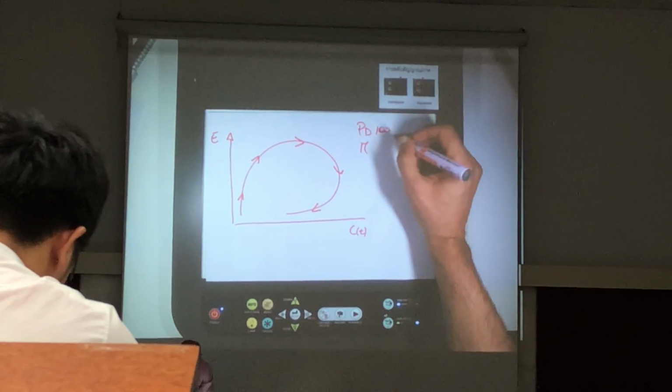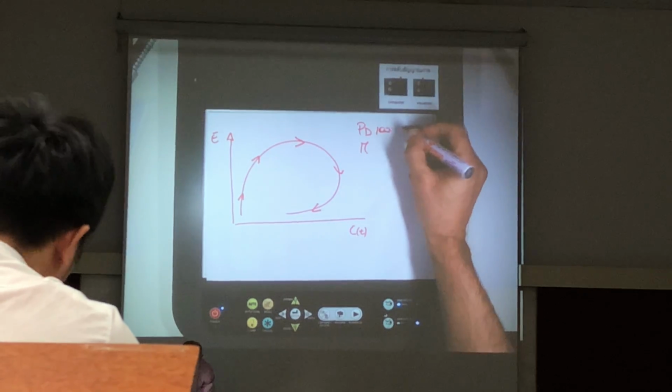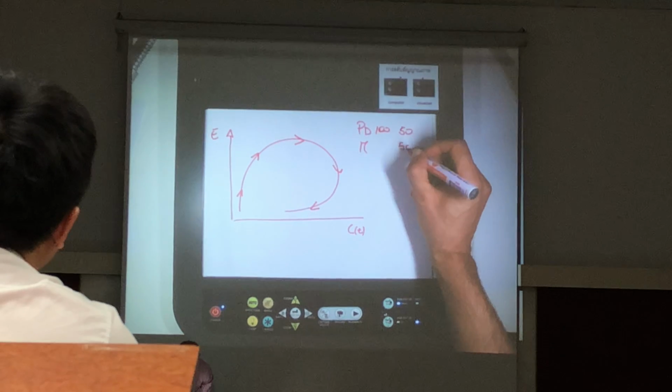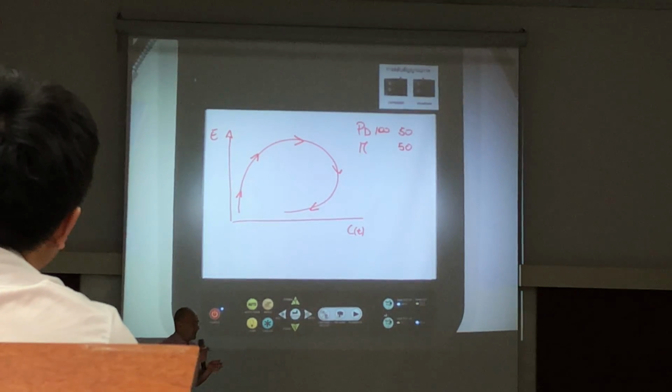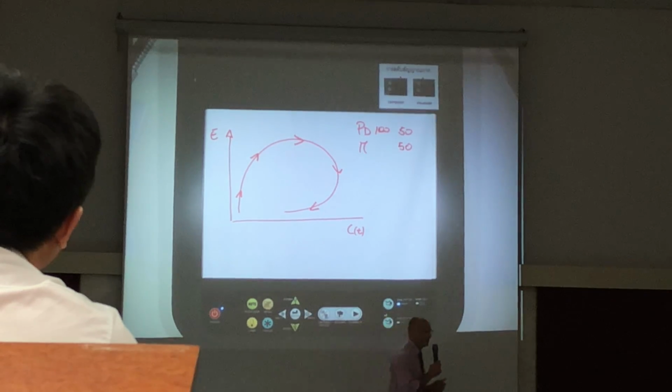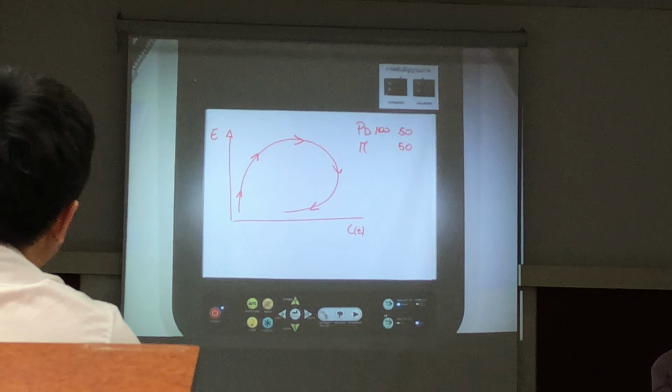After a few seconds you will have 50 molecules of the parental drug and 50 molecules of the metabolite. But what happens if the metabolite is more effective than the parental drug?